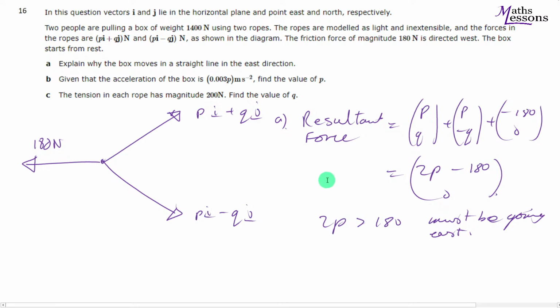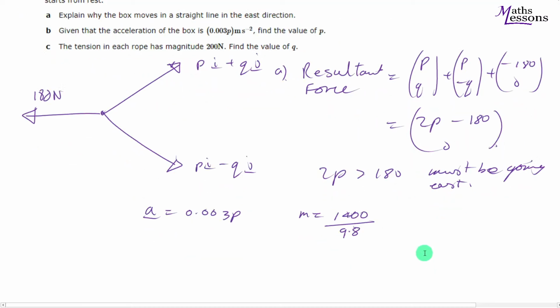Given the acceleration, we know that a is equal to 0.003p meters per second squared, and our mass will be equal to 1400 divided by whatever you've taken for g. I didn't give you g, so if we say 9.8, we're going to have our resultant force.